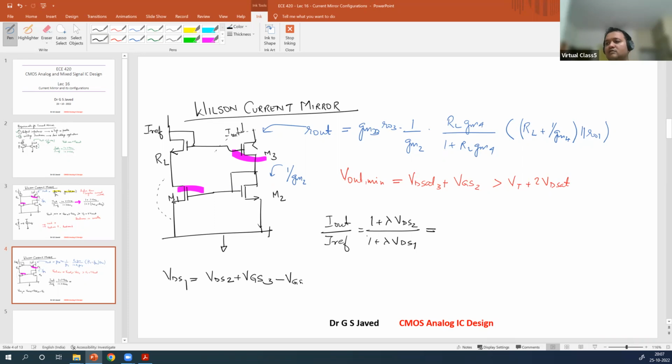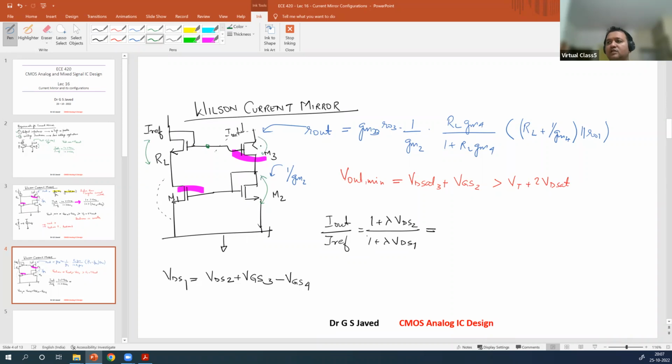Or you could say, what happens if you take these 2 points? At this node, what is this VDS? This VDS is equal to VGS. This VDS is equal to VGS.